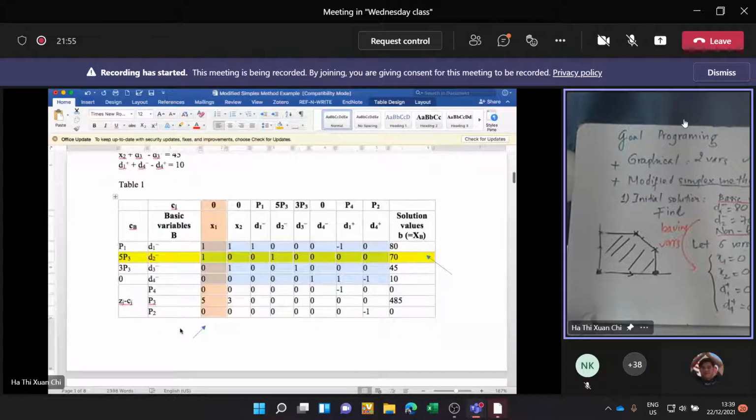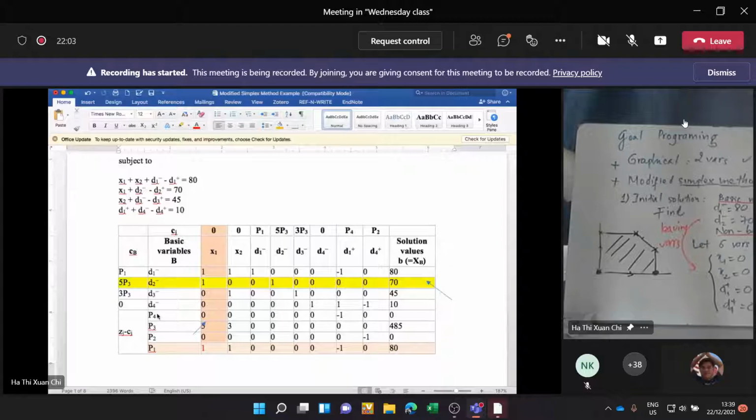Next is the same table, but the second part. We have 4 priorities, so we put 4 priorities here: 1, 2, 3, 4. So Cj minus Zj.